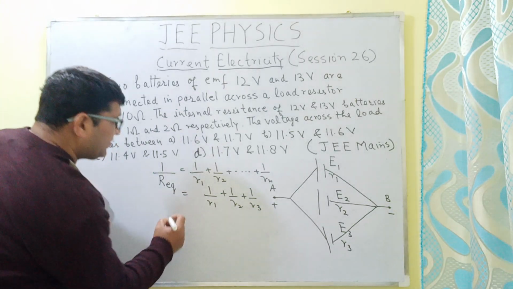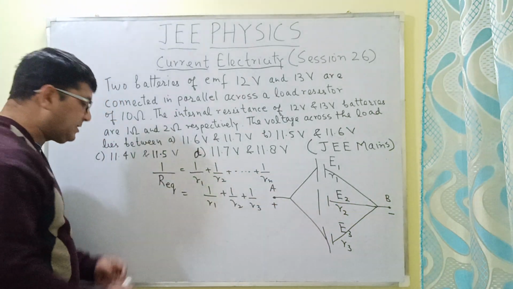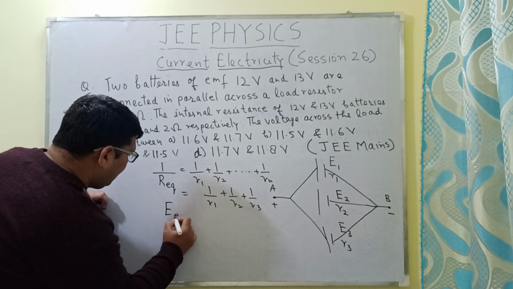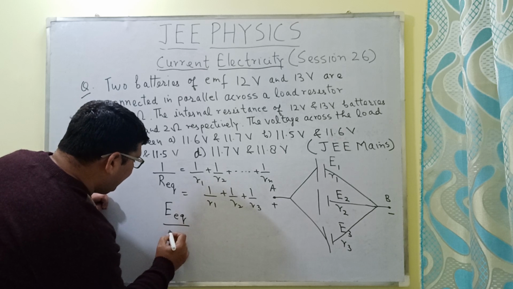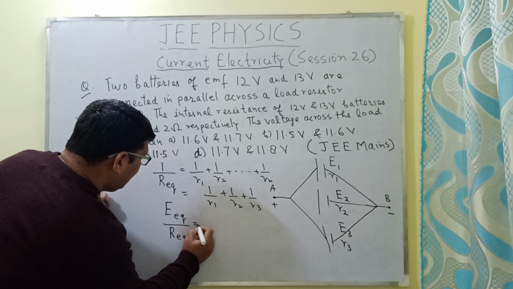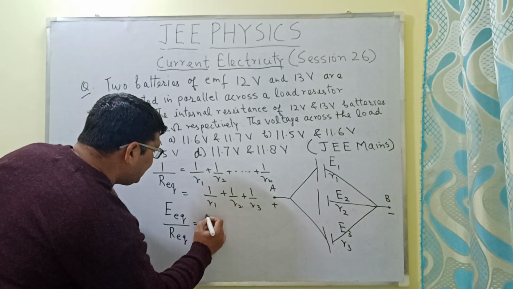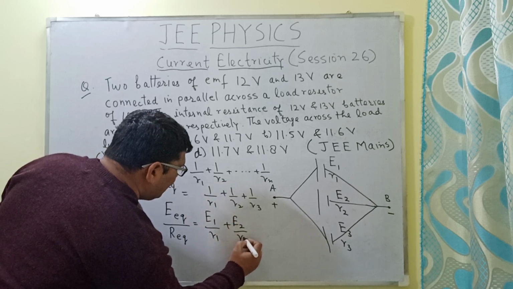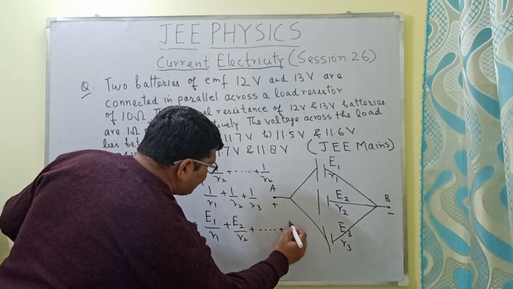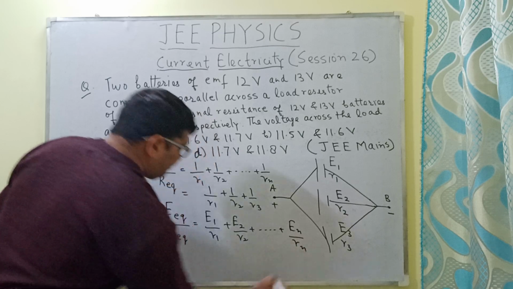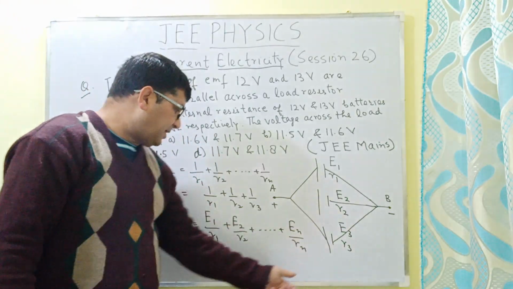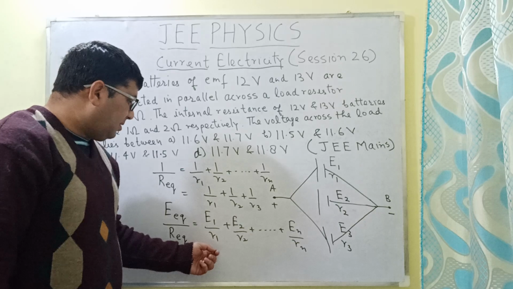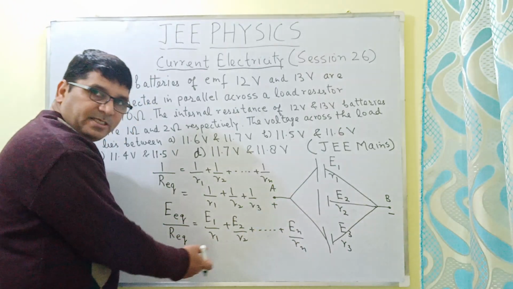Now this is the one formula. The second formula is that in the case of parallel grouping of the cells, the equivalent EMF divided by R equivalent, which we have just calculated here, is equal to E1 divided by R1 plus E2 divided by R2 and so on, plus En divided by Rn, if there are n cells connected in parallel having the internal resistances as indicated here.